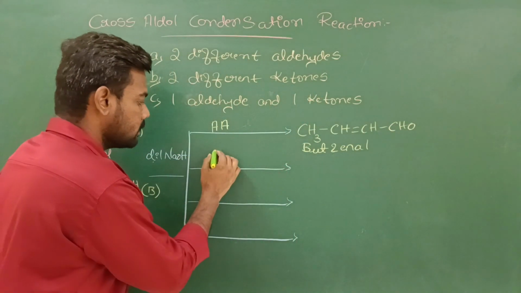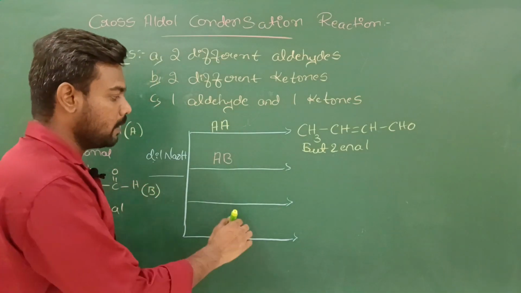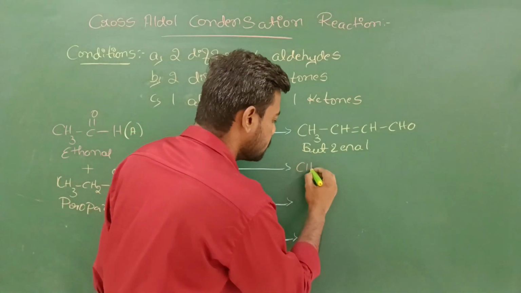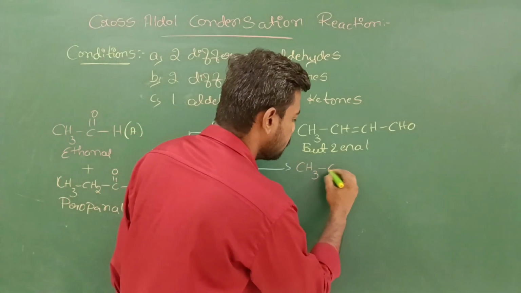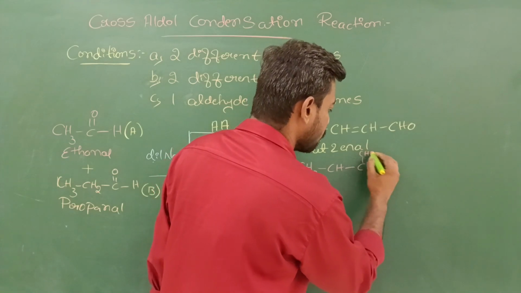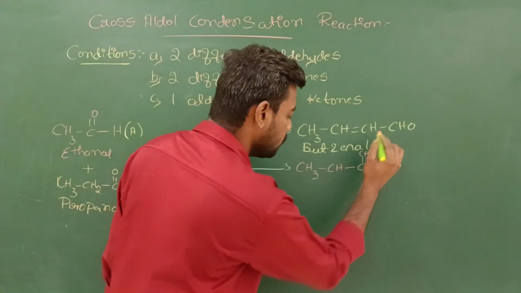And next one is A plus B. By combining A and B, we get a product that is 2-methyl but-2-enal.